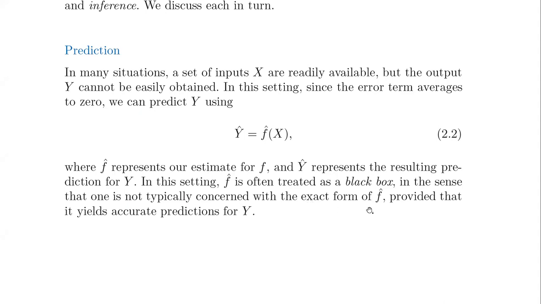In this setting, f hat is often treated as a black box, in the sense that one is not typically concerned with the exact form of f hat, provided it yields accurate predictions for y. So really, our priority is that y hat is close to y.